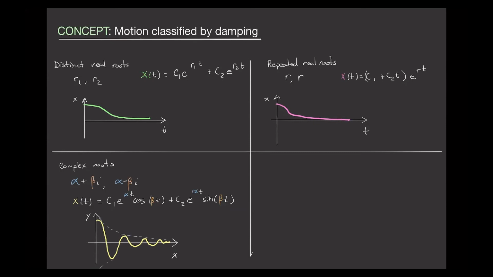Now, why do I say decay? It could either be a decay or it could sort of blow up. It could expand the amplitudes. The reason it's decay is because this alpha will end up being negative. And why is that true? Well, let's think about what we're looking at here.